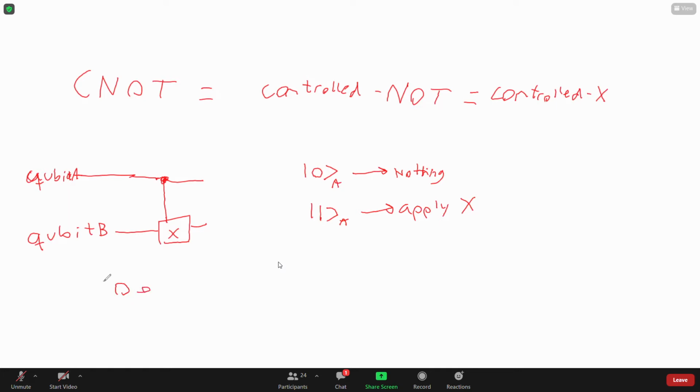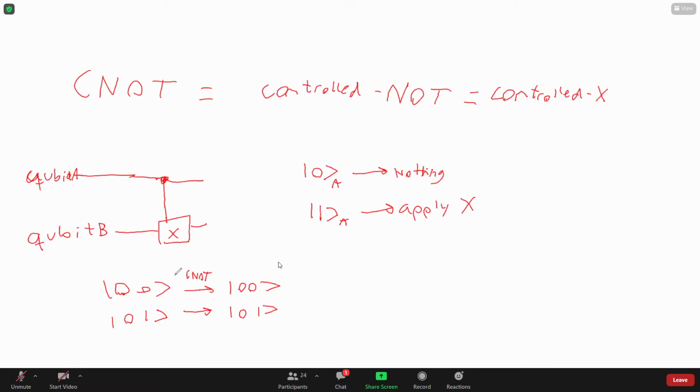So we can go state by state. If we would be in the 0, 0 state, for example, and we apply our CNOT, then because qubit 1, or qubit A here, is in the 0 state, we don't do anything. So that just remains 0, 0. If we start in the 0, 1 state, apply the CNOT again, the first qubit is in the 0 state, so nothing happens.